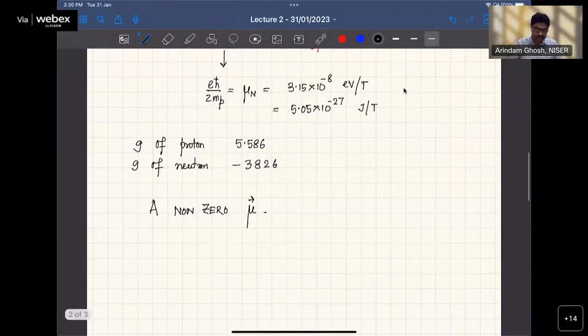And that mu is going to be equal to some gamma times I, where I is the spin of that nucleus. Again, I told you, we always use I. And gamma is some value that will change from proton to carbon-13 to N-15. Different nuclei will have different values.